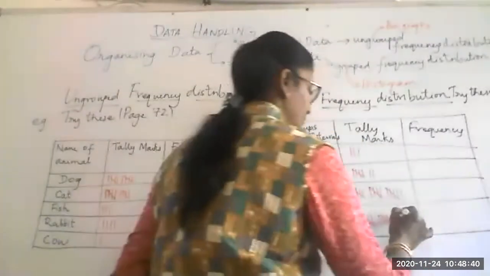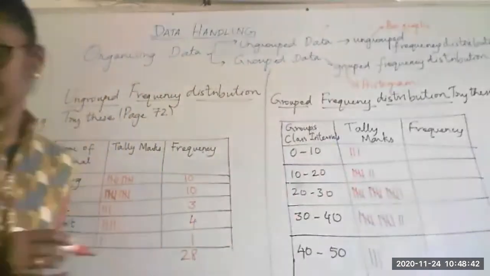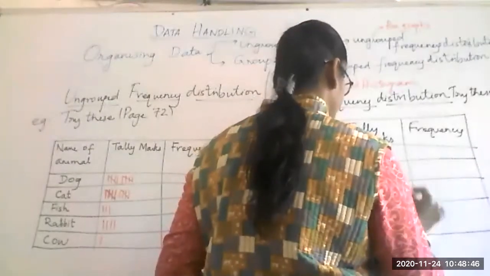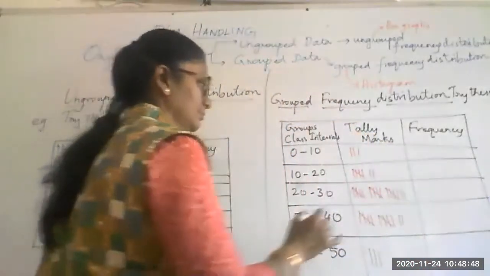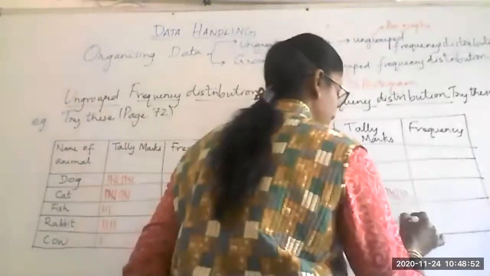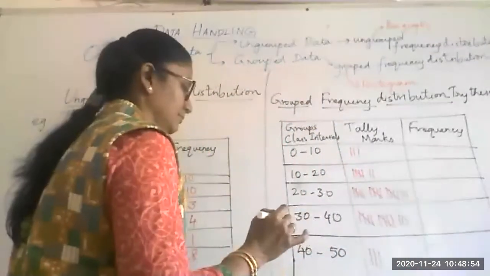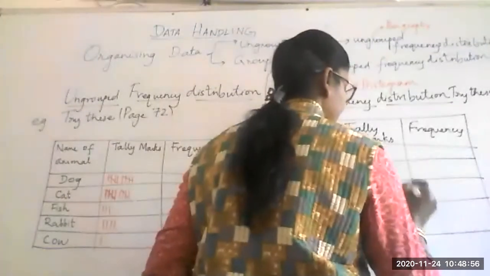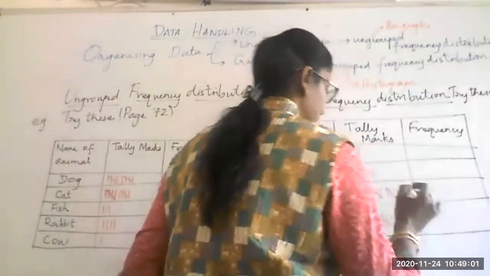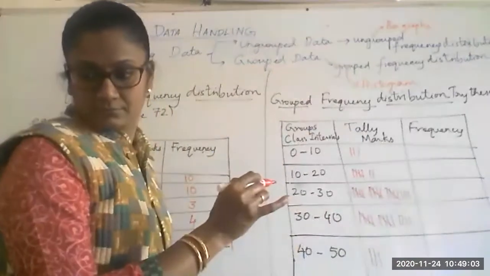Fourth group. 22. Third group. 23. Third group. 36. Fourth group. 24. Third group. 36. Fourth group. 33. Fourth group.